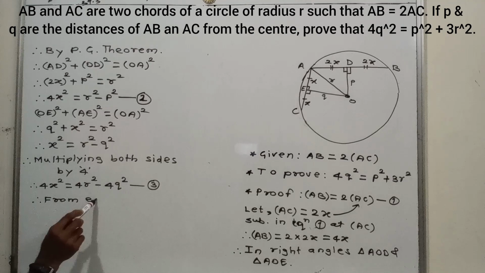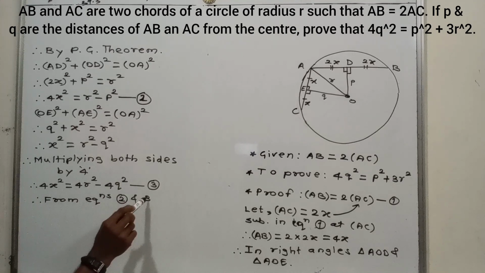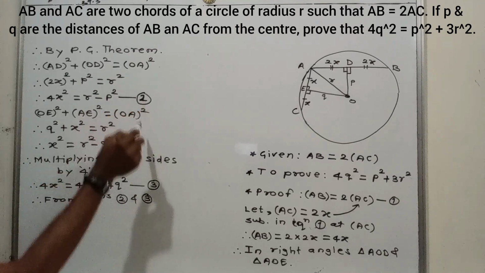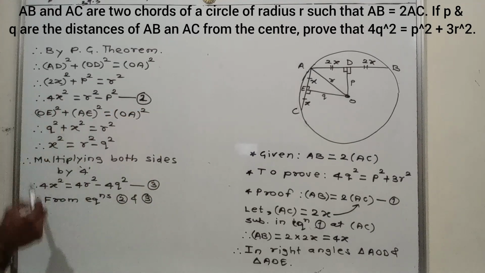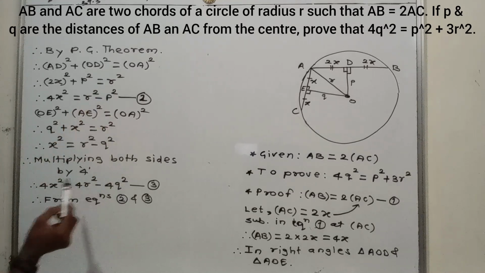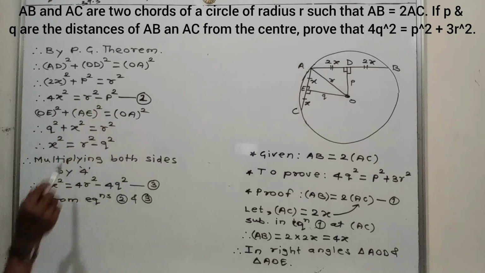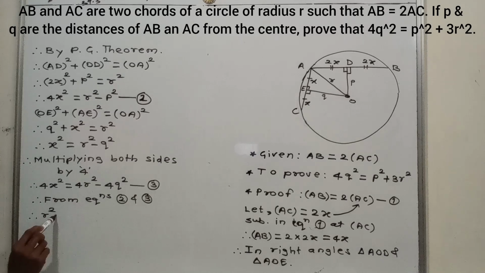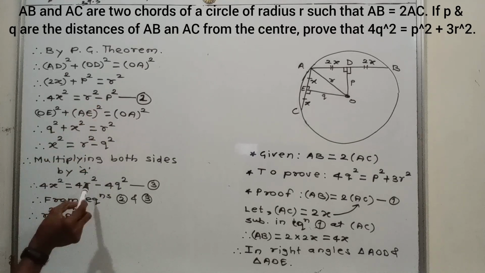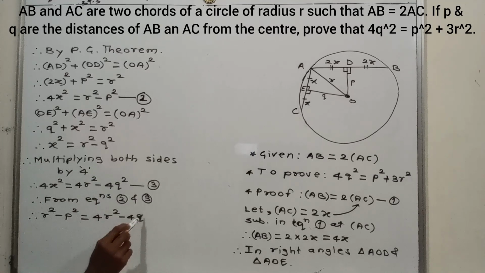From equations 2 and 3, LHS are same, therefore RHS are also equal. Therefore from equations 2 and 3, R square minus P square is equal to 4R square minus 4Q square.